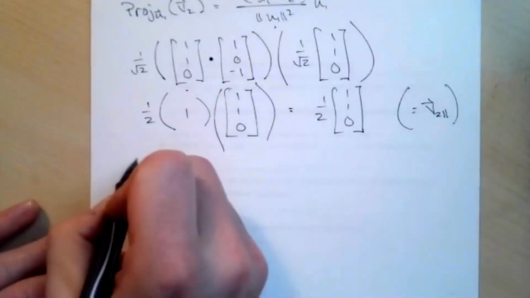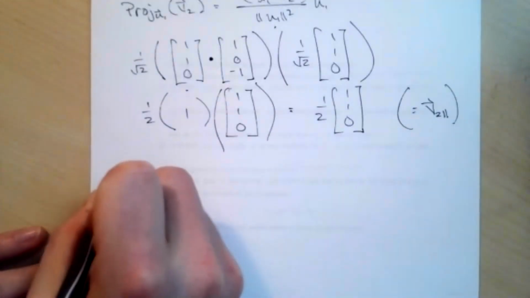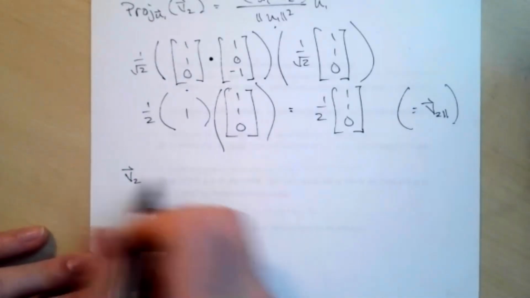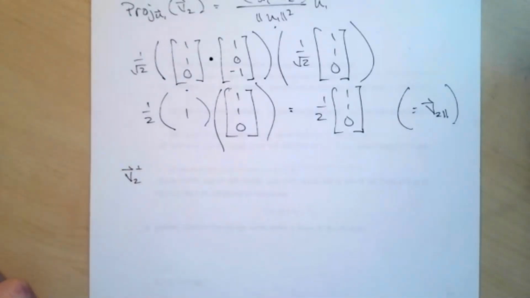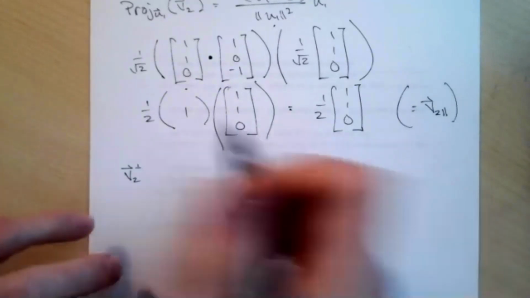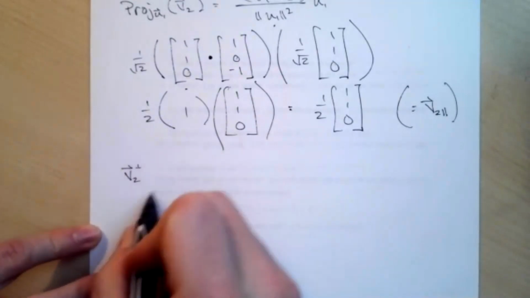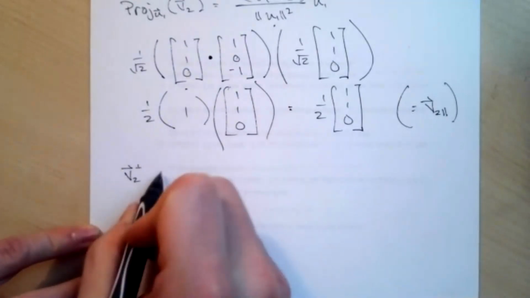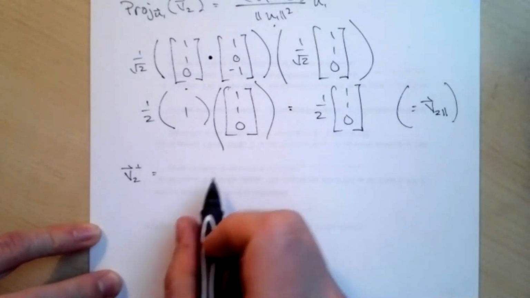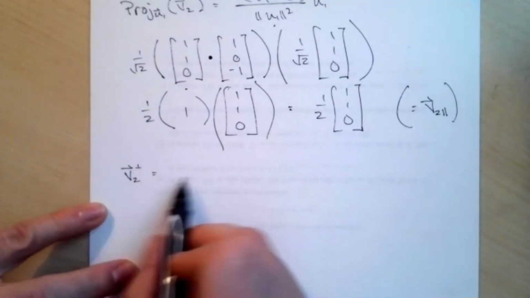So our V2 perp. And actually, you know what? I'm going to put the perpendicular sign up top just to make it a little nicer. It's just an indicator. It's not a really important script. Whether it's a superscript or subscript doesn't matter where you place it, as long as it's clear what you're doing.